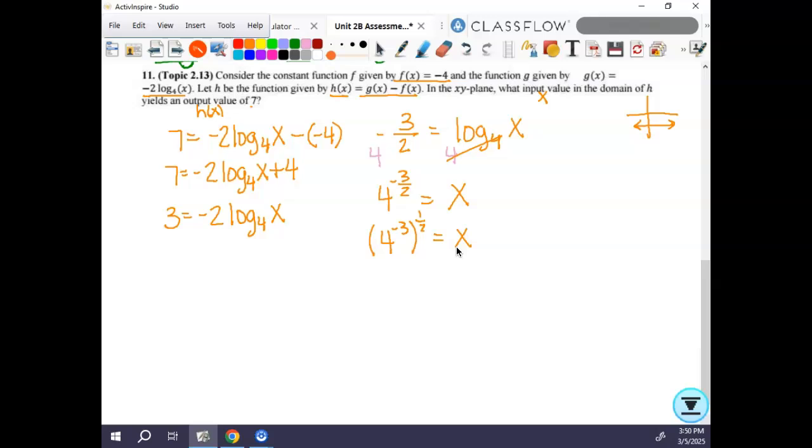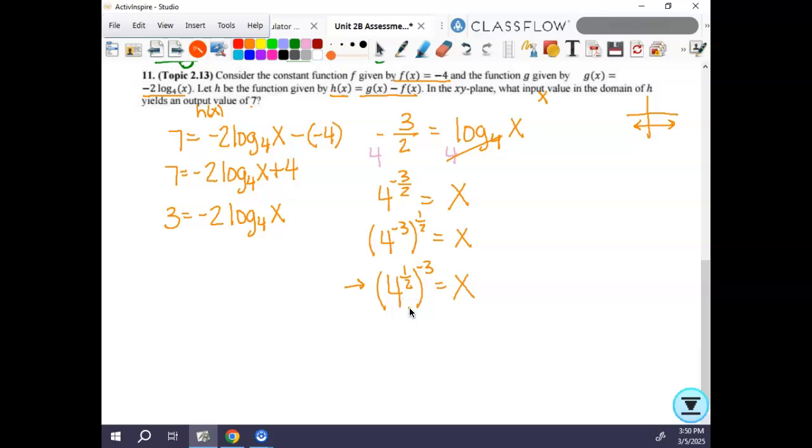Or I could think of it as 4 to the 1/2 power to the -3 power equals x. Those are the exact same thing. So let's think about, would it be easier to take 4 and cube it, or would it be easier to take 4 to the 1/2 power, which is the square root of 4? I would think I would want to do this one, okay? But either one of them is fine. You can do it in any order.